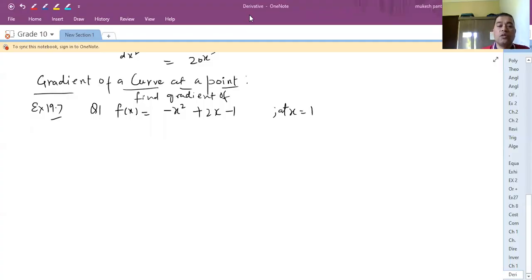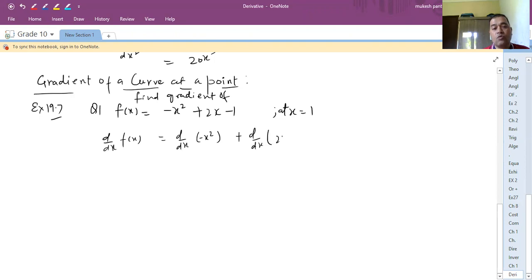f(x) equals this one, and find the gradient at this point. So simply, you have to differentiate d over dx of f(x). You have to differentiate both sides. d over dx of minus x square plus d over dx of twice x minus d over dx of 1. So d over dx you can write as f dash x, like this, dy over dx.